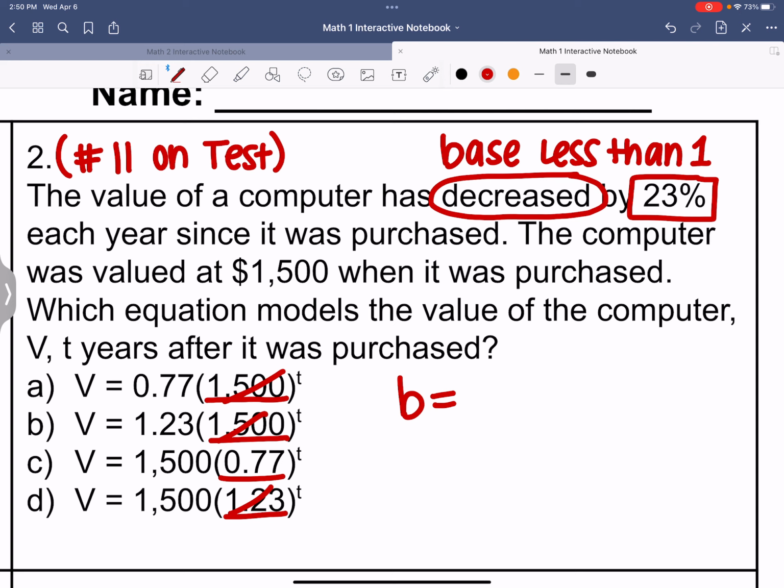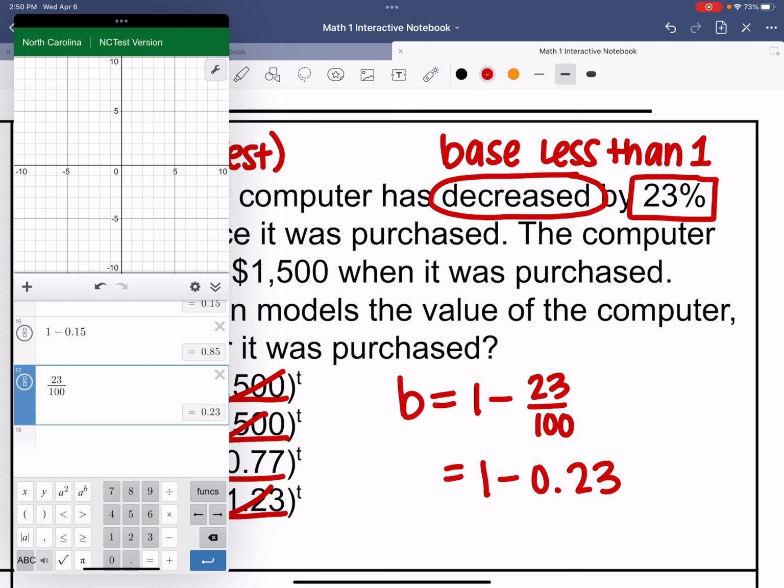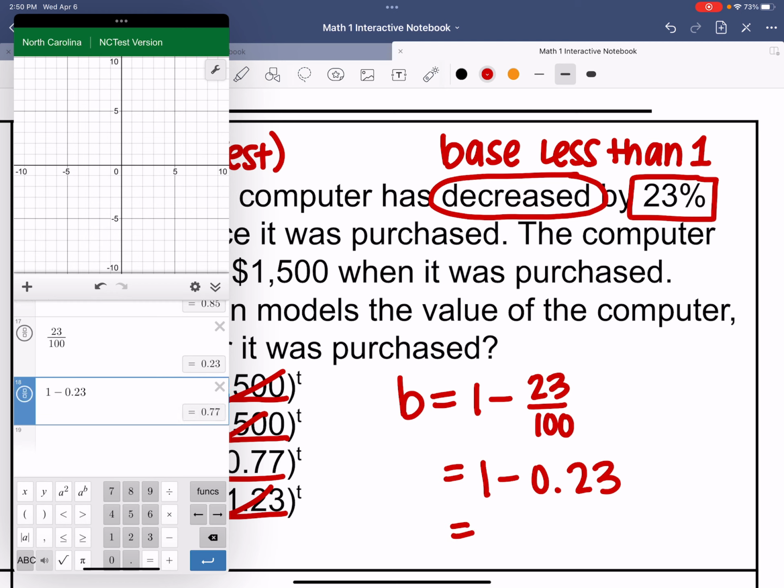If we have decay, it's going to be 1 minus. And we have to turn that percent into a decimal. So we divide 23 divided by 100. So that gives us 0.23. So 1 minus 0.23. And that is 0.77.